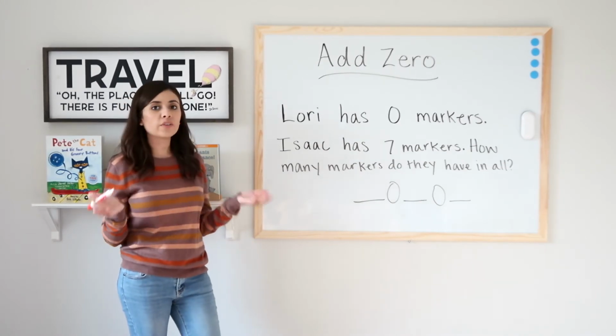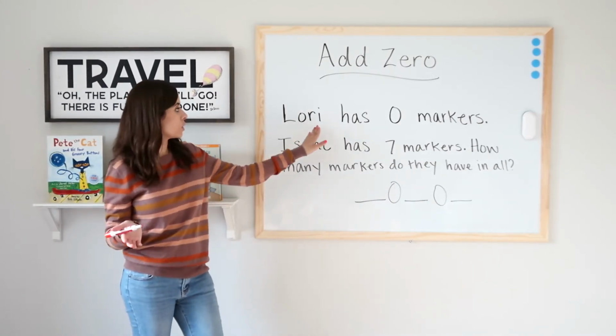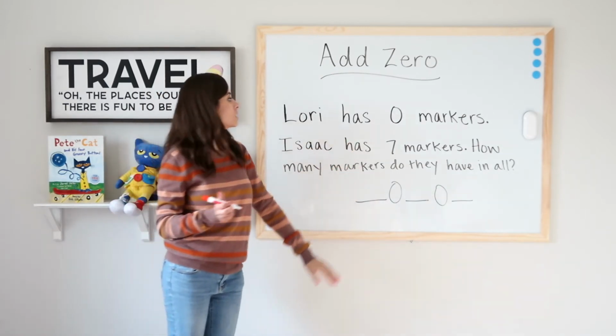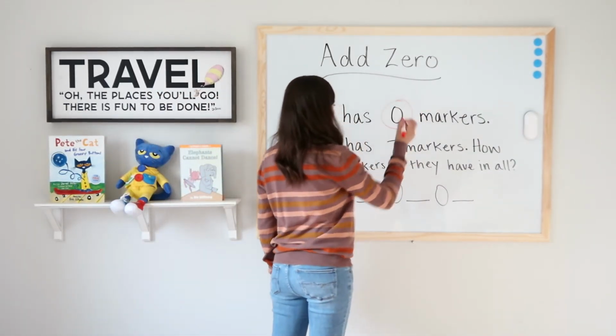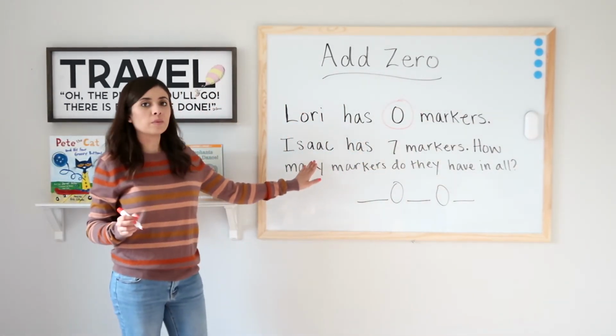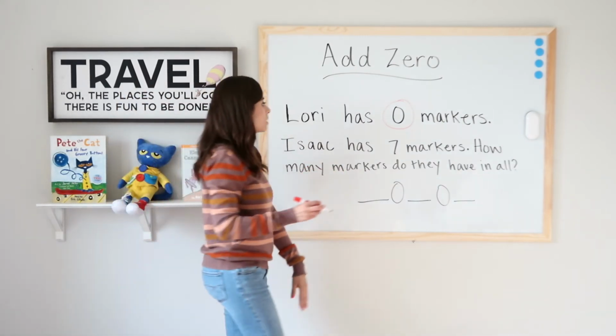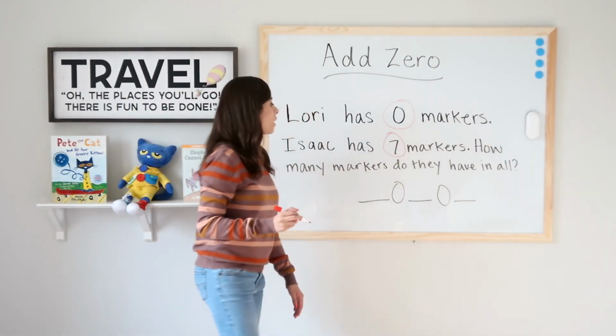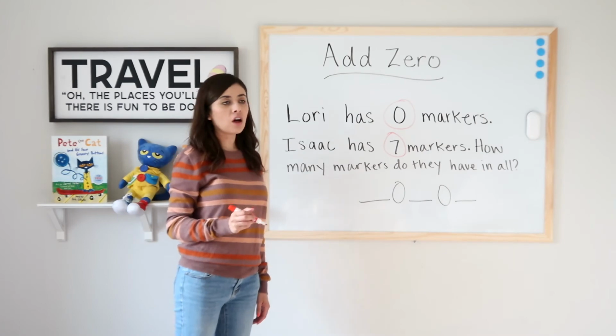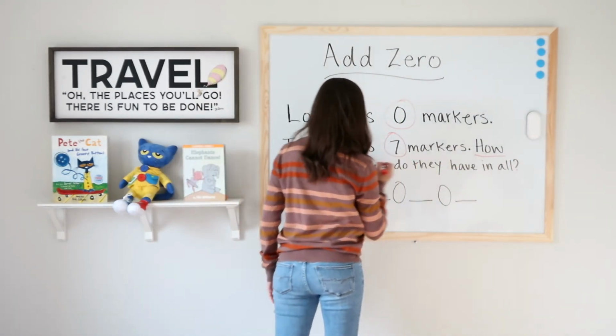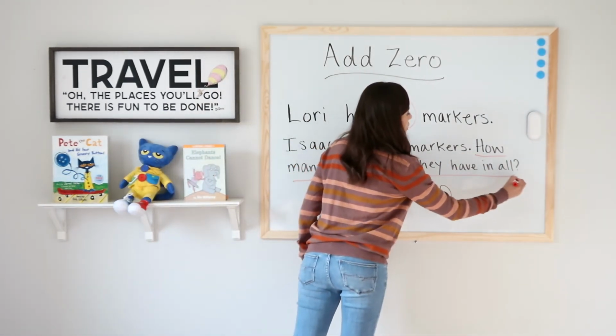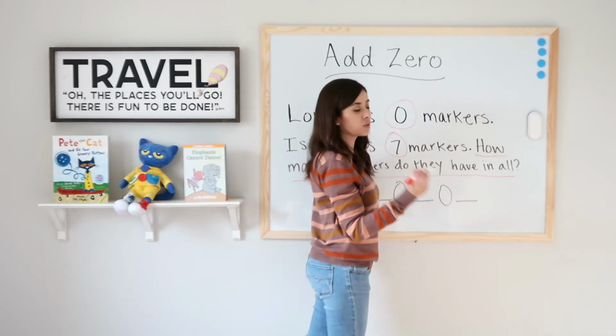Okay, so what do I already know? I know that Lori has how many markers? 0. Good. Isaac has how many? 7. How many markers do they have in all? So let's go ahead and underline that. I know that in all means to add.